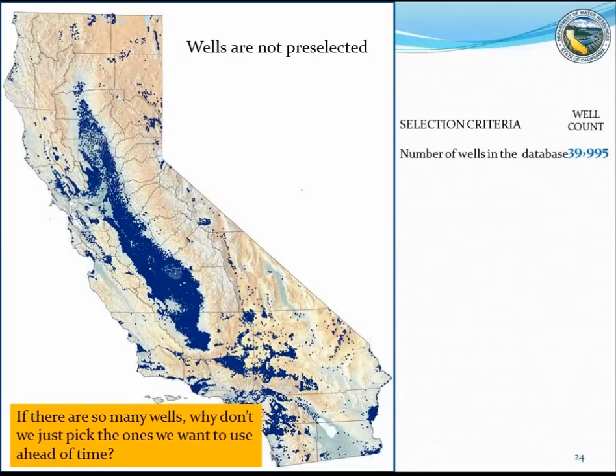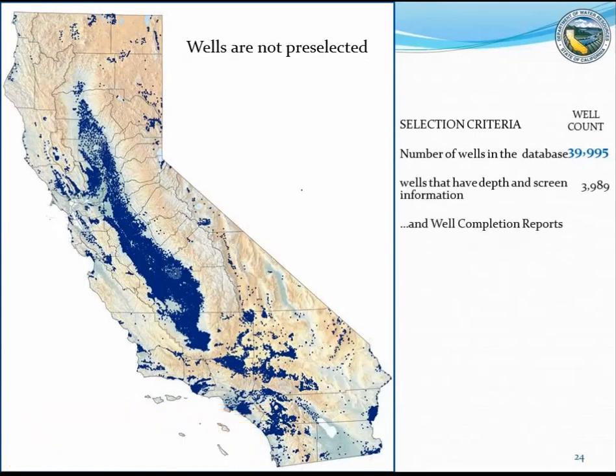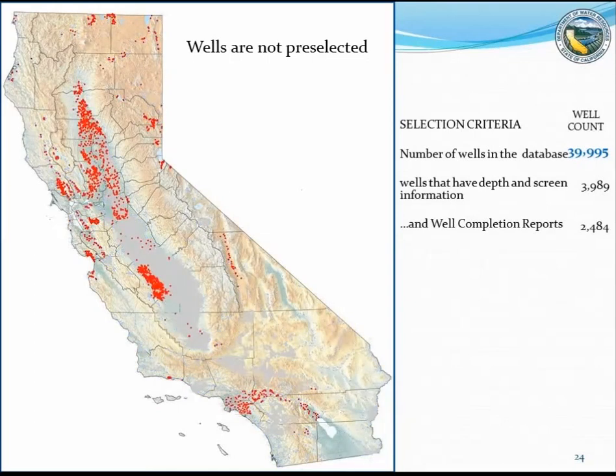Let's say we're interested in the best wells in the Central Valley for spring 2005, and then more specifically spring 2010 data. So we start off with almost 40,000 wells, and then we want to just look at wells that have depth and screen information in the database and well completion reports connected to those wells. Immediately we've pared down to much fewer wells. And then we want to make sure that the measurements are taken during the correct time period.